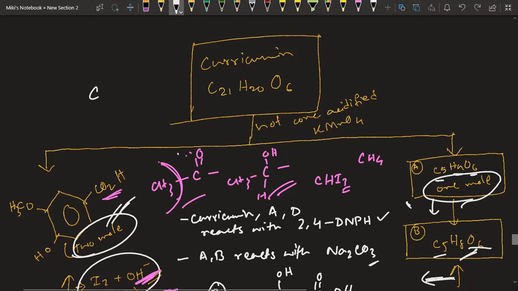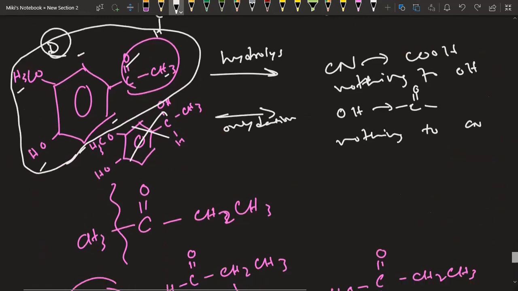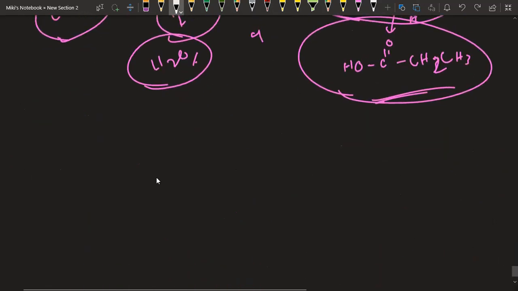So from that part, let's try to visualize our components.